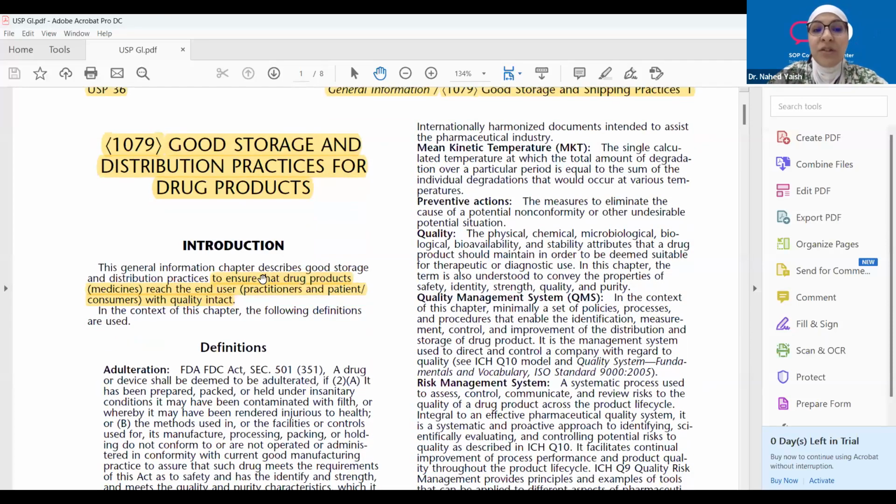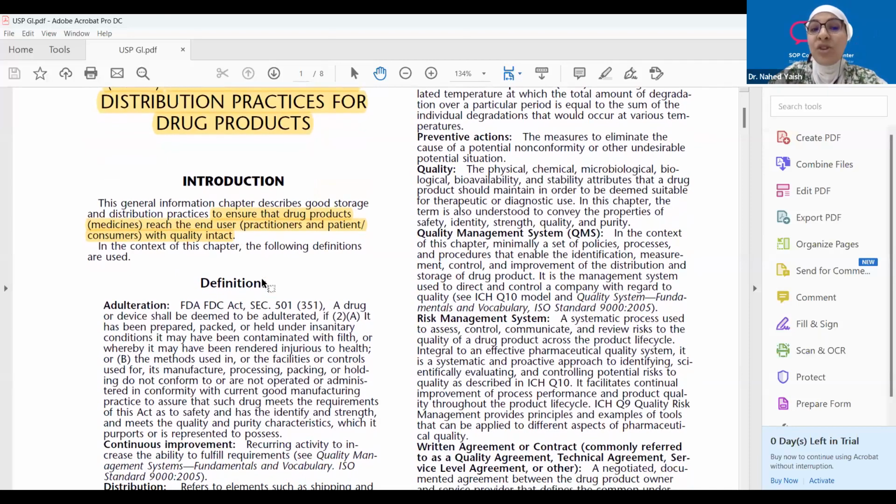The first one, within the introduction, they mentioned that the purpose of the GSDP is to ensure that drug products, medicines, reach the end user, practitioners, patients, and consumers, with the quality intact.